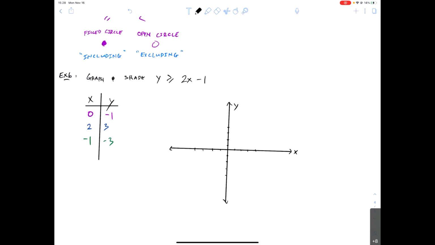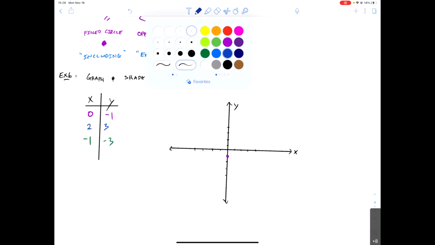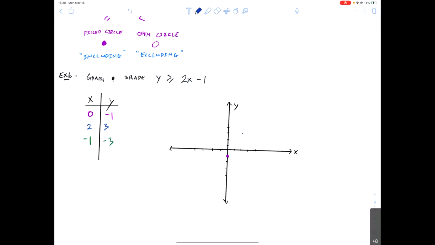And let's graph these. I got 0, -1. I have 2, 3. And then -1, -3. There we go. Let's draw this graph.